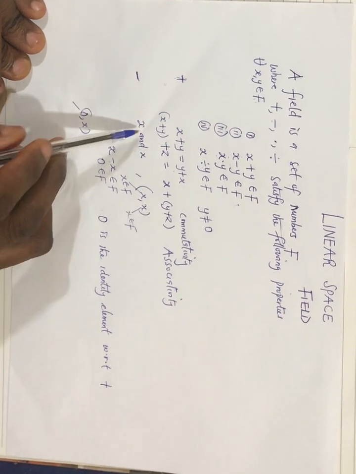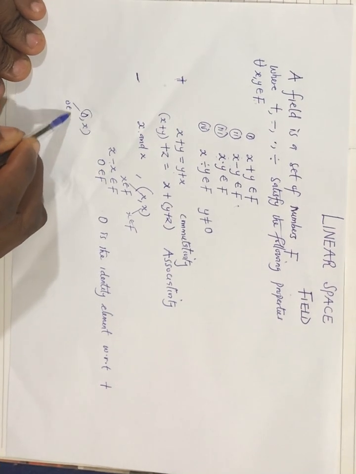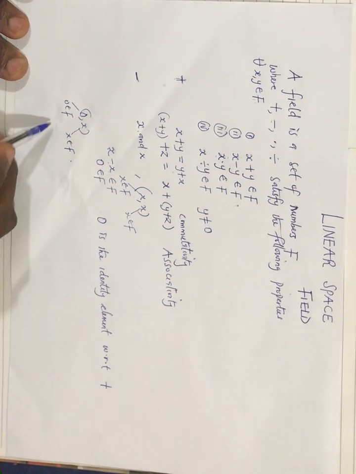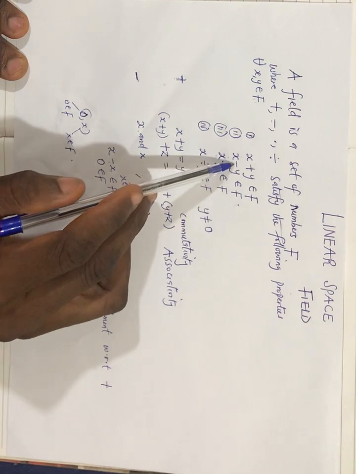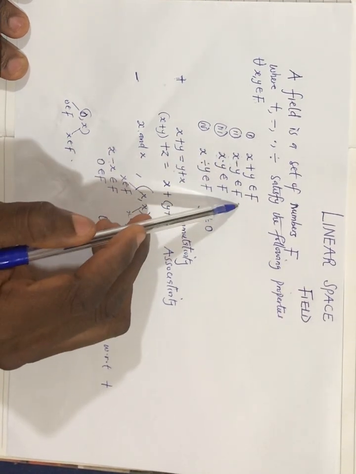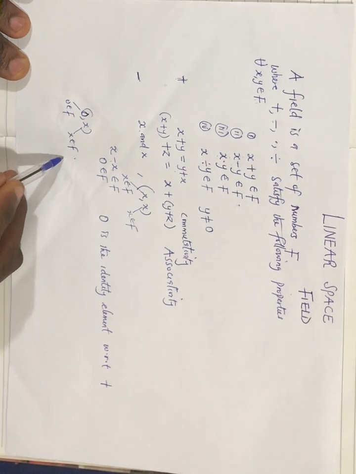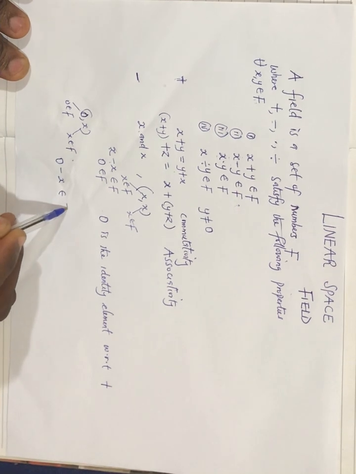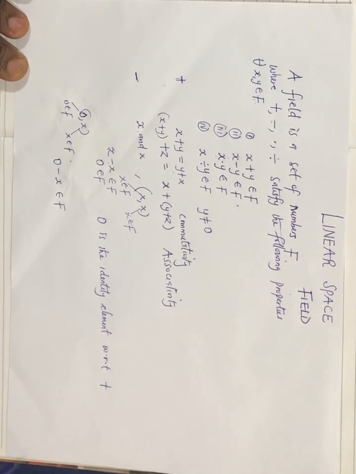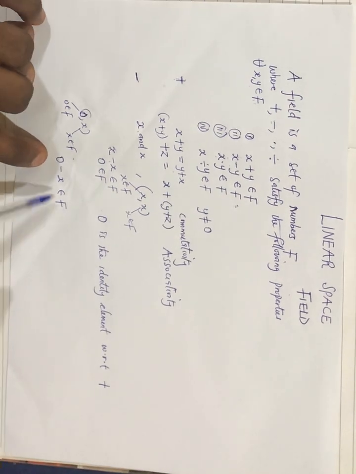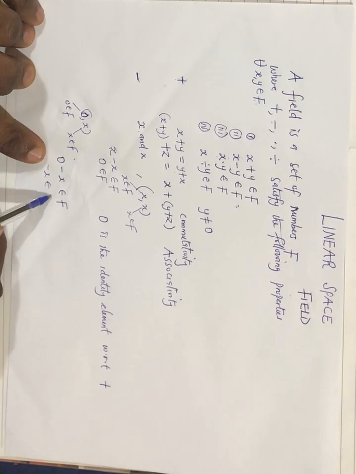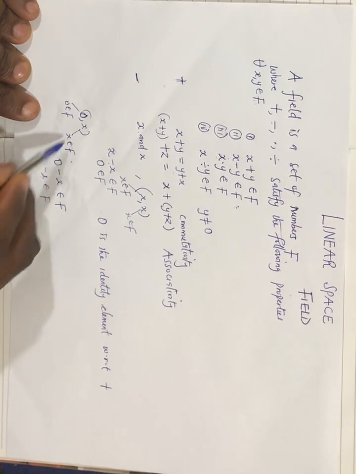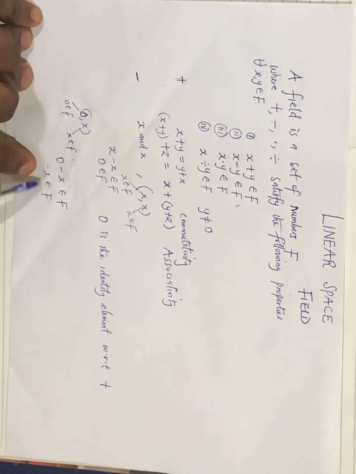Since the subtractive operation satisfies property 2, 0 minus x will become an element of F. Now 0 minus x is minus x, so you see that minus x is an element of F. For every x that belongs to F, minus x belongs to F.